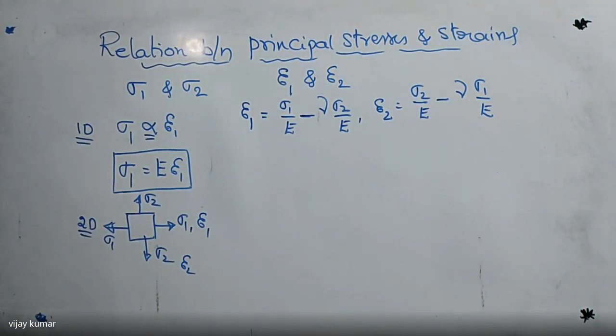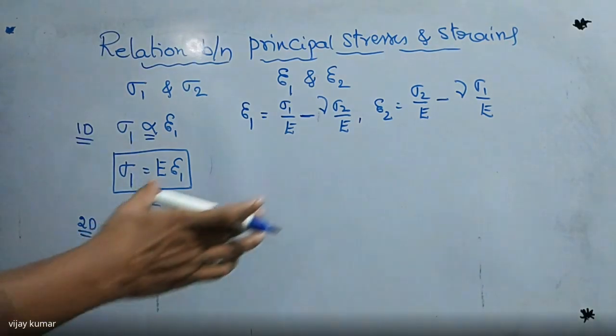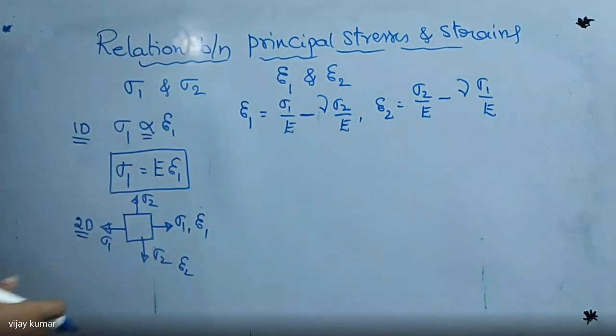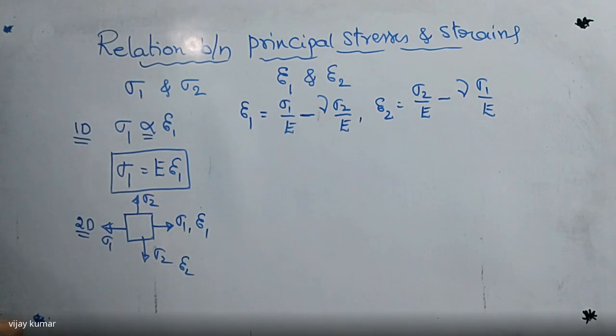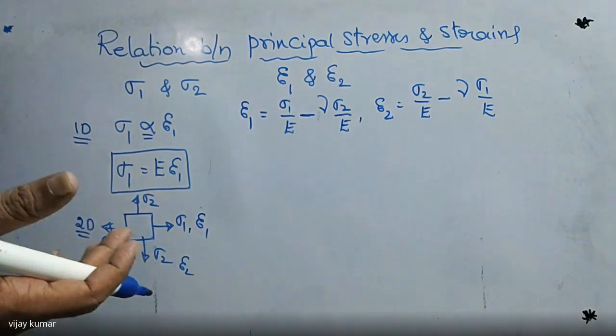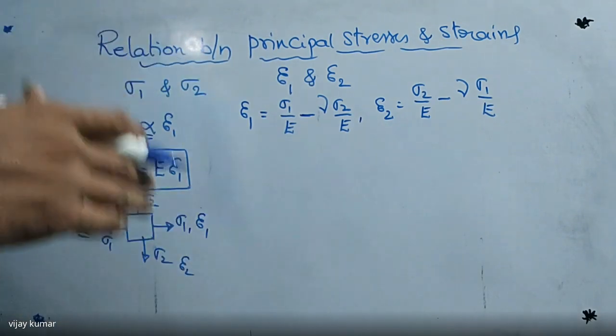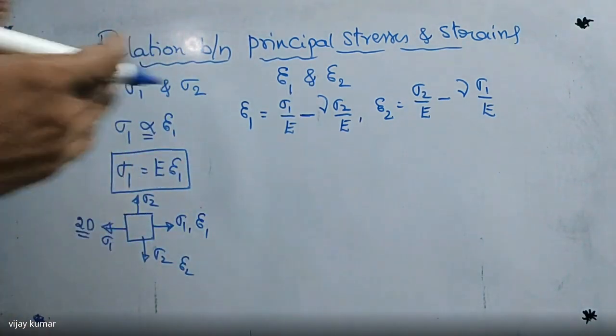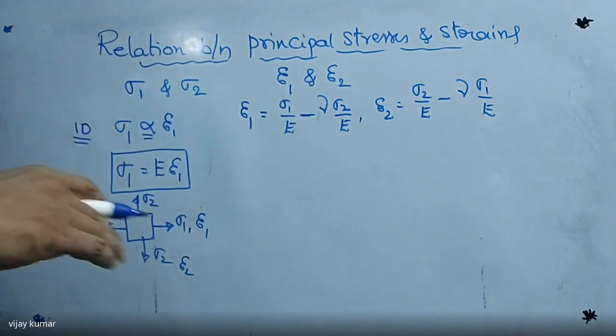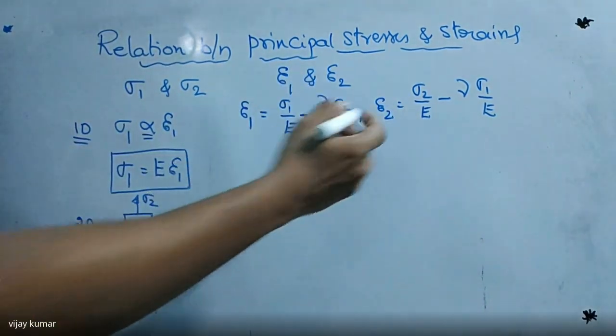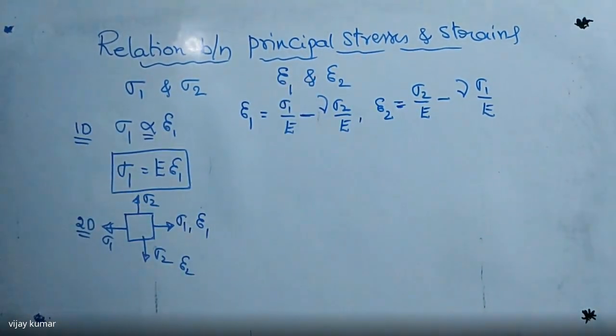You got my point? So this is the relation between stress and strain in a two-dimensional state of stress according to Hooke's law. But I want to convert sigma 1 in terms of epsilon, and epsilon into sigmas. That is, stresses are converted into strains, or strains into stresses, by using these two relations in a two-dimensional state of stress. Right?